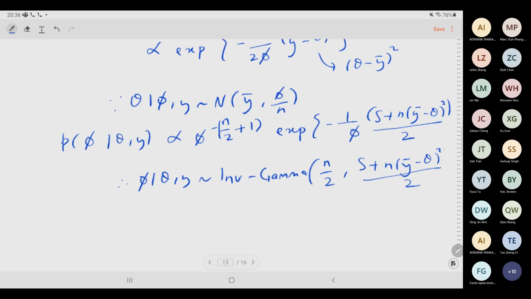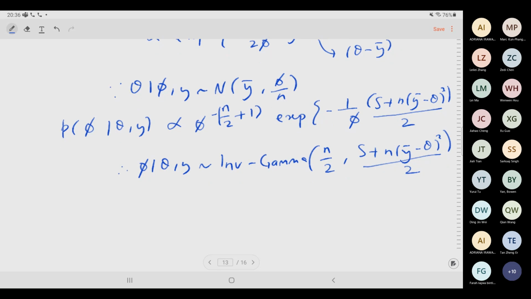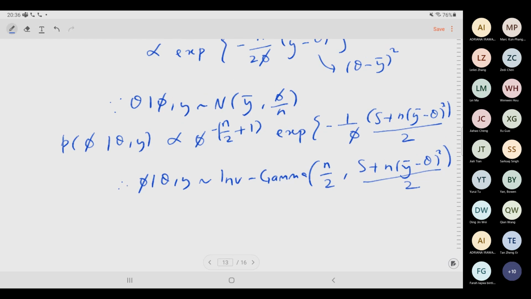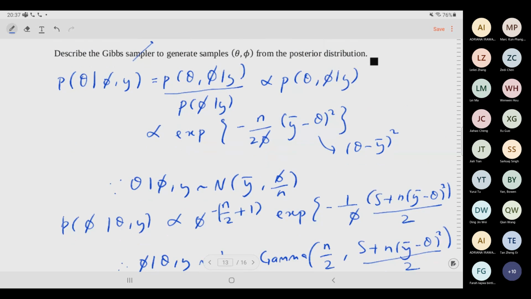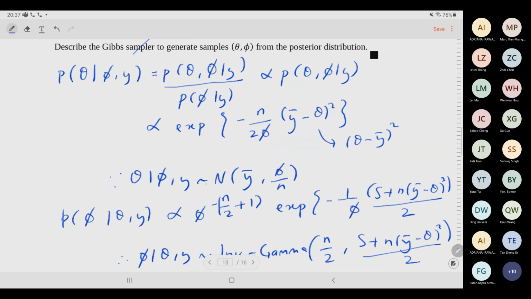Okay, so then we have a normal and an inverse gamma as the conditional distributions. You can see over here that since we assume, for theta given phi, that phi is a constant, in the joint the theta can also depend on phi.